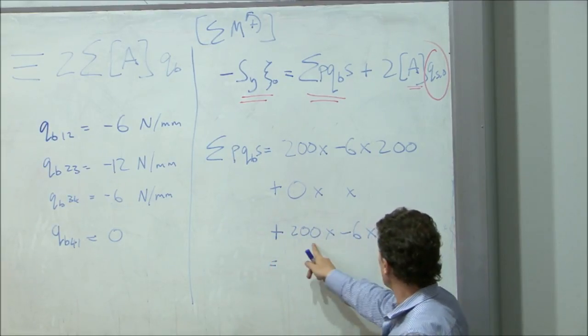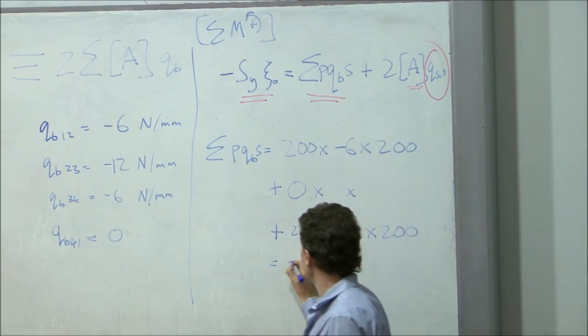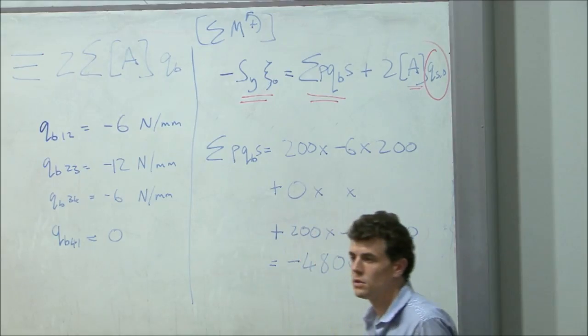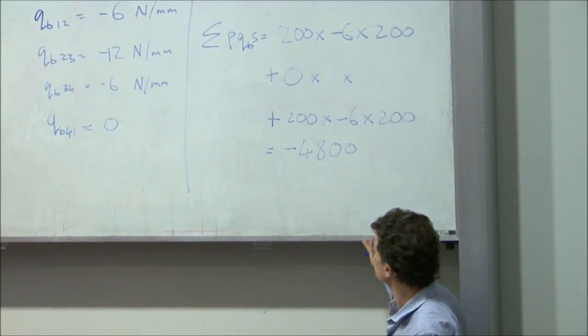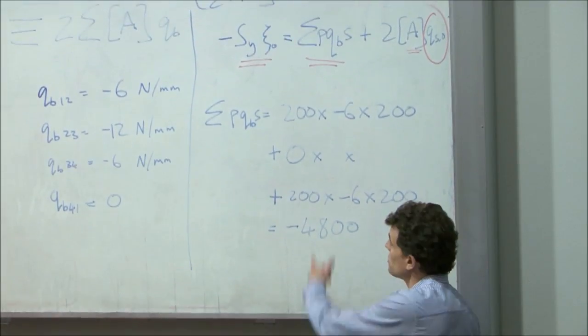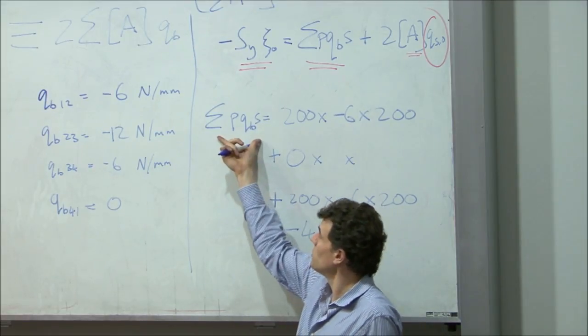So what have we got here? 400 times 6 is 2400, so minus 4800, unless I've made a complete mistake there. And what units have we got here? I know I've left units off, but what units have we got? This is a moment.